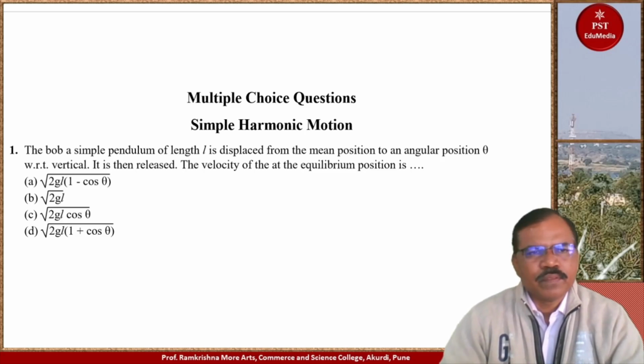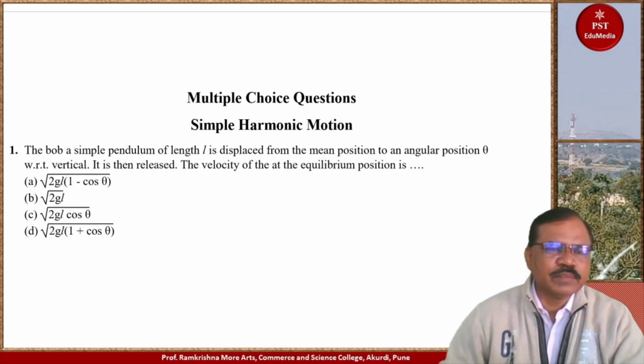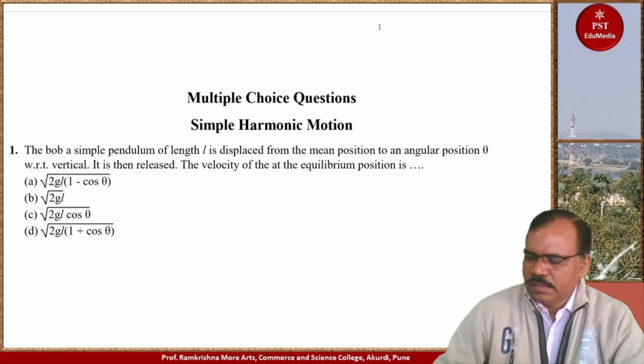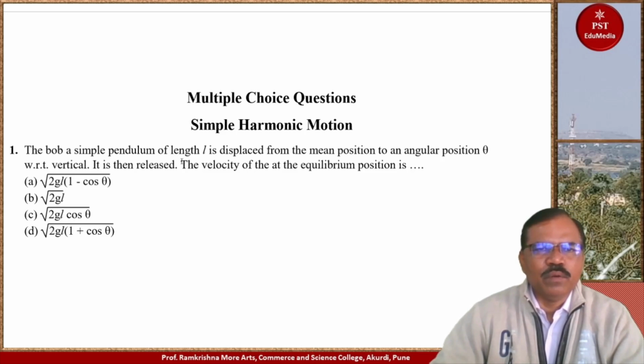So here the first question is: the bob of a simple pendulum of length L is displaced from the mean position to an angular position theta with respect to vertical. It is then released.